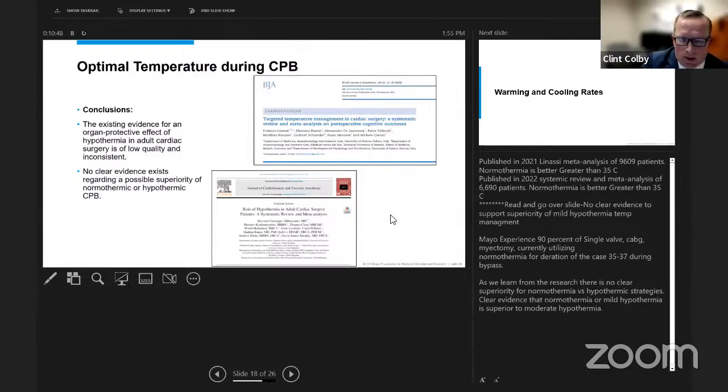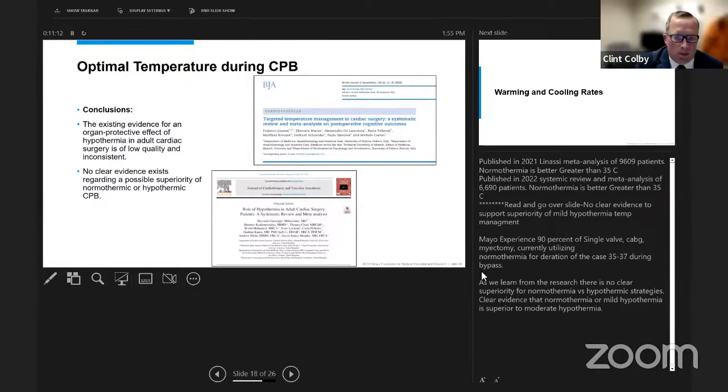The second one down here is also a meta-analysis from 2022 covering 6,690 patients. And this is from the paper also. No clear evidence exists regarding a possible superiority of normothermic or hypothermic CPB.